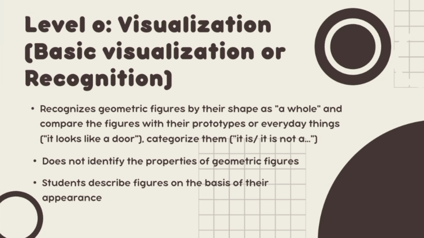Hence, they cannot reduce the list of properties to a concise definition with necessary and sufficient conditions. They usually reason inductively from several examples, but cannot yet reason deductively because they do not understand how the properties of shapes are related.